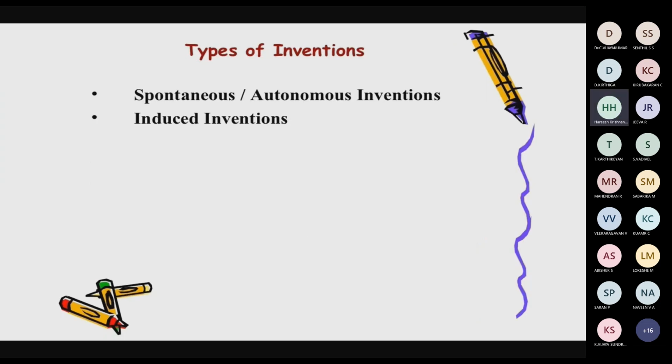Invention happens in two ways: one is spontaneous or autonomous, and the other is induced invention.